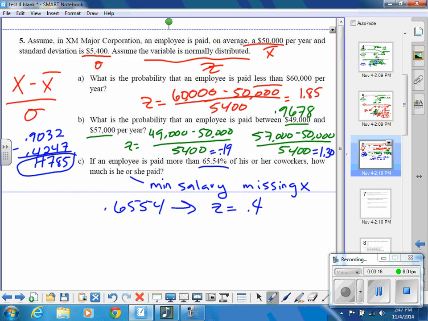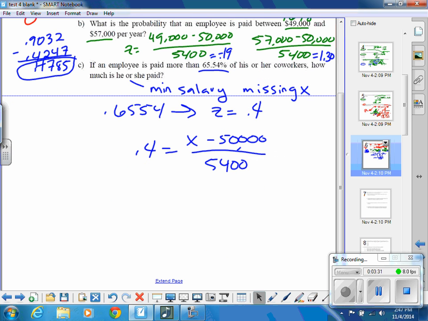I'm missing x. I have everything else, x bar and sigma. So I set up my formula like this, and I need to solve for x. This is where Algebra Math 111 comes in handy. You have to multiply both sides by 5,400, whatever the denominator is, to get rid of it.